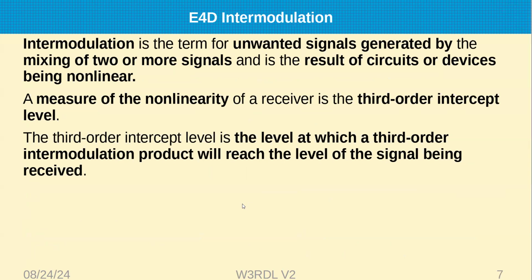Intermodulation. We can have unwanted signals that are generated by a mixture of two other signals, if there's some nonlinear device. And one of the examples they always use is a rusty bolt, because the iron oxide can actually act as a mixer.